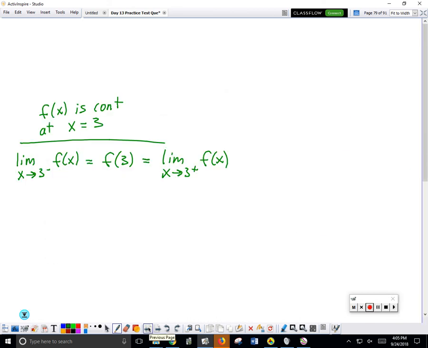So we're looking for this flashcard. We want to apply, good job, Kaylee. We want to apply, I said Kaylee and apply all in the same breath. We want to apply this flashcard. One second.